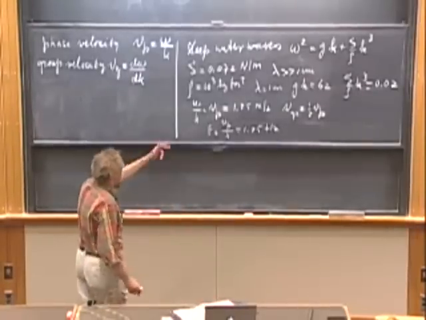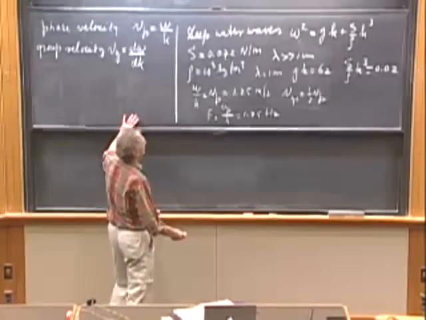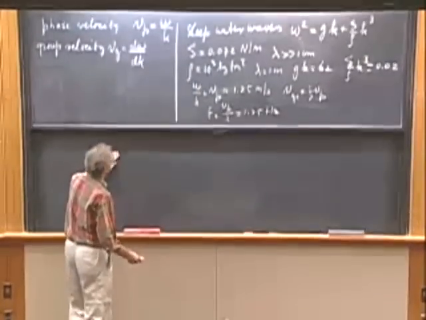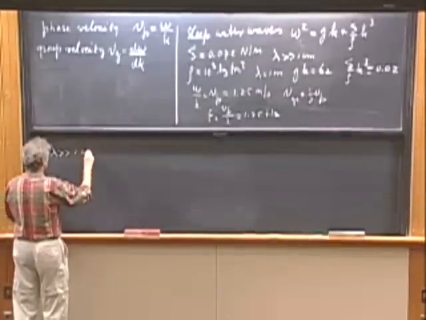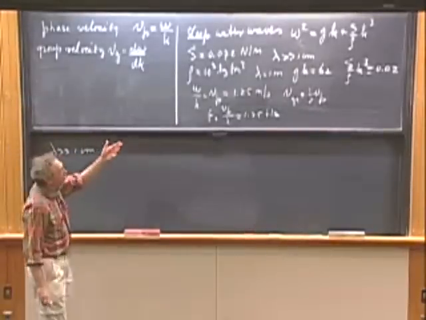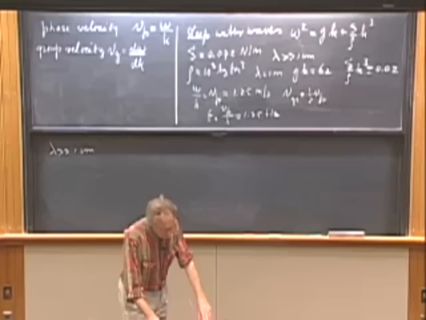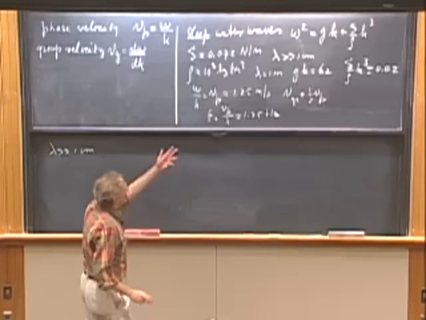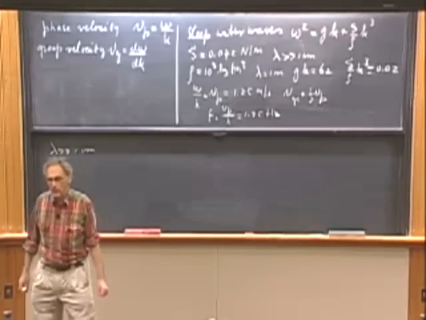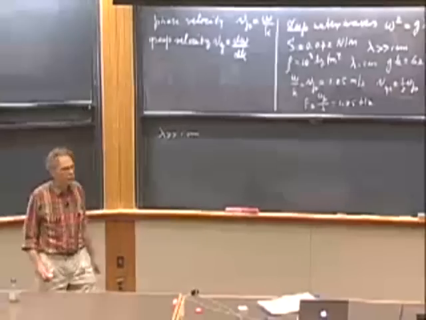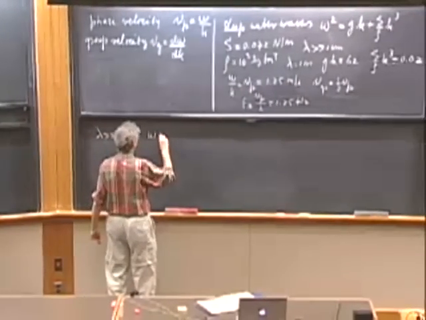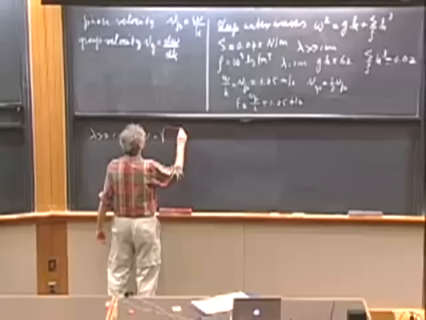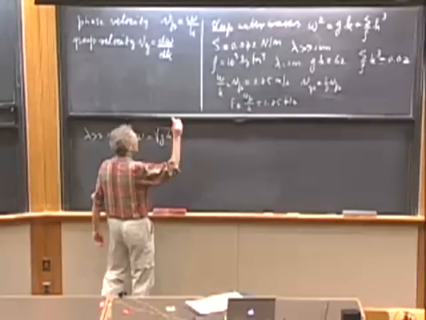If we have the case that lambda is much larger than 1 centimeter, I will continue here. So lambda is much, much larger than 1 centimeter. I can use the dispersion relation, and I can calculate now what the phase velocity and the group velocity is in general terms. So I know now that omega, to a high degree of approximation, is the square root of gk, because I forget the S term.